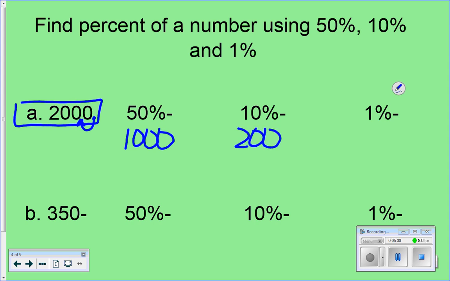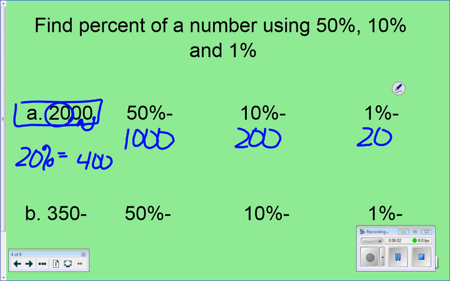And 1%? 20. If I move it 2 spaces, I'm left with this. See what I'm doing here? So let's find what 20% is. How can I use 10% to figure out what 20% is, Jasmine? Double it. So 20% would be 400.